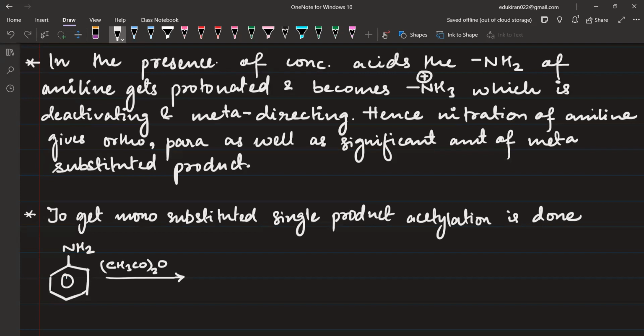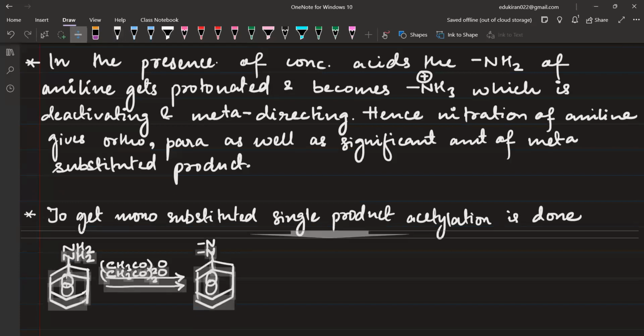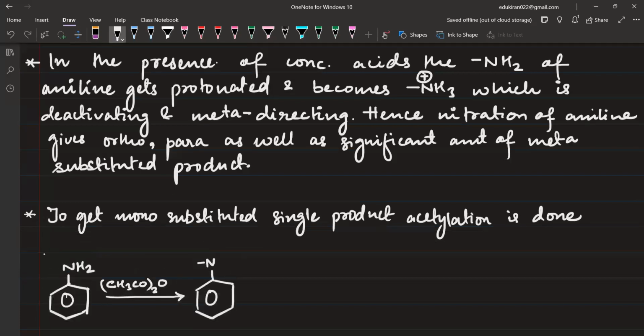This is going to give you acetylated aniline, that is, the nitrogen atom has hydrogen, and it also has C double bond O CH3.